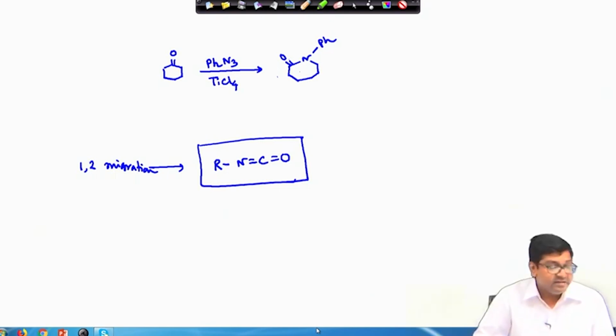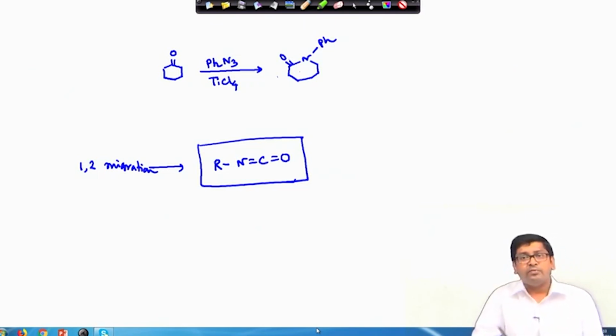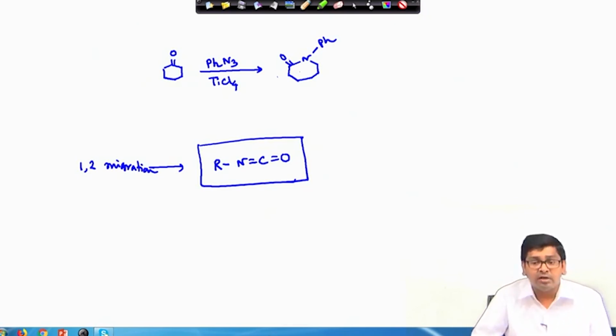Okay. And in this case, what we have found is that during the Schmidt reactions, when it is a keto compound, that gives the corresponding amides. Okay. So, these are the overall different types of reactions associated with the nitrenes, and for Hofmann reactions, what is the leaving group here?